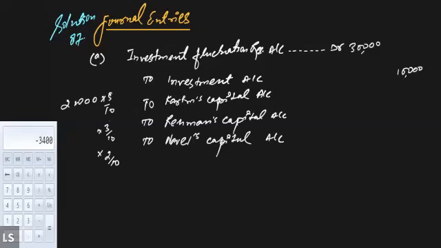In this way it will be distributed among the partners. So Kareem's capital account will be credited by 10,000, and the remaining 10,000 will be distributed between Rahman and Neville. So Rahman is going to get 6,000 and Neville 4,000 respectively.